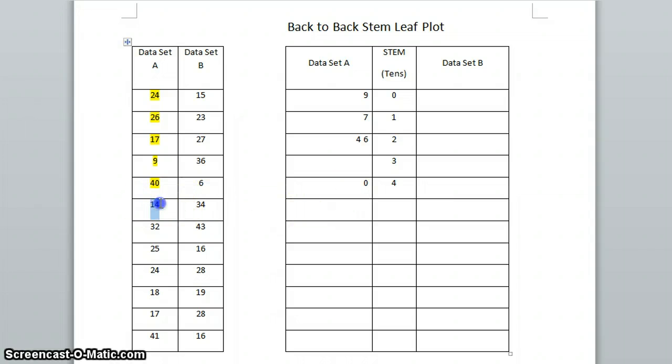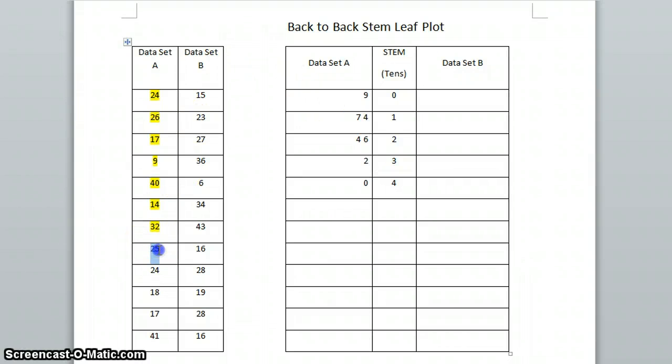The next one is 14, so that's a 1, 4. So I'm going to put it here, 1, 4. My next is 32, and as you can see, I'm highlighting it to make sure that I include every piece of data. 32 is 3 tens and 2 units.